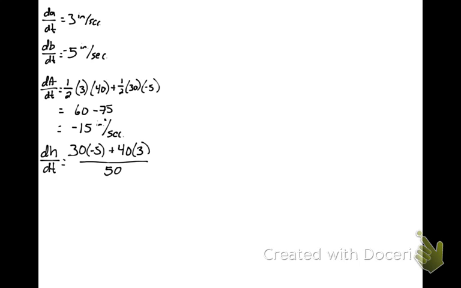Which means that the change in the hypotenuse will end up being -30 over 50, or -3/5 inches per second. In the next video, we'll consider some more related rates.